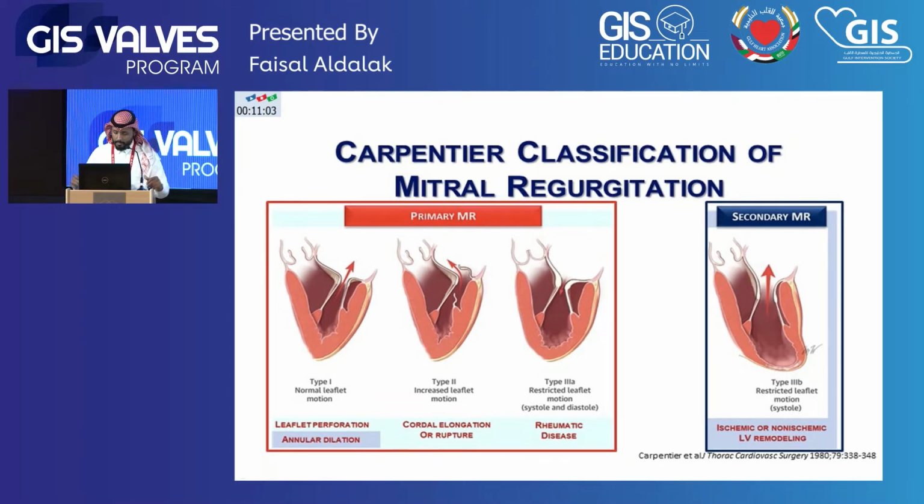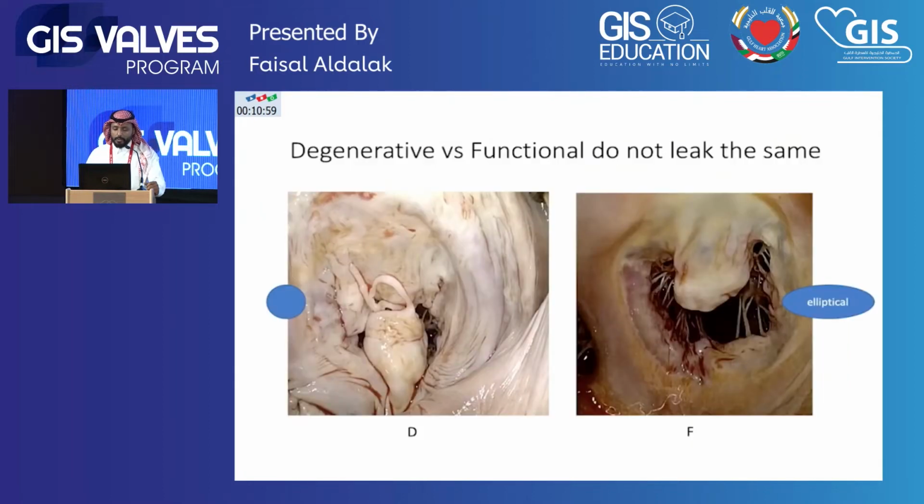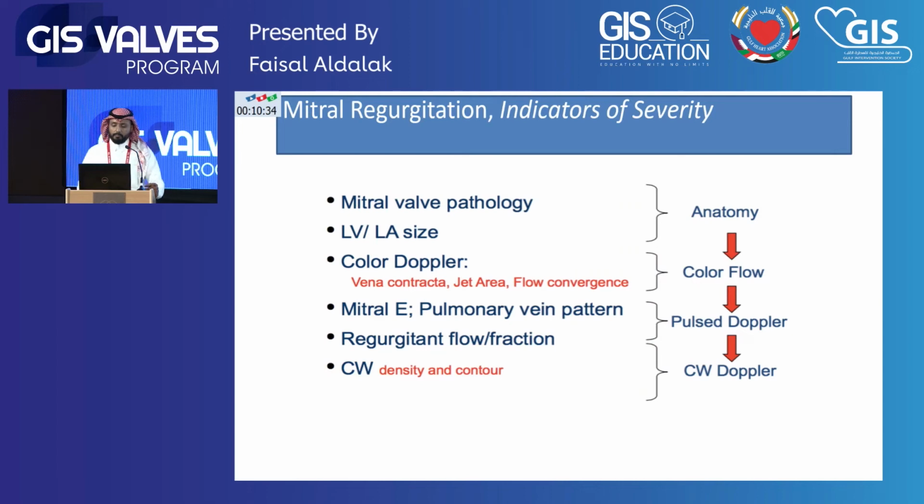We can see that the ventricle is dilated. So degenerative and functional MR do not leak the same. In a degenerative valve, the main problem is in the leaflets, but in a patient with a dilated ventricle and dilated annulus, the problem is the apparatus as a whole, and it's usually an elliptical shape as compared to a circular shape in degenerative valve disease.